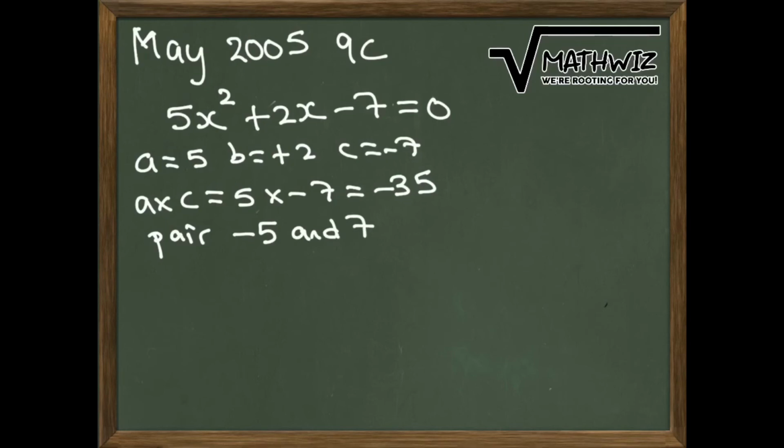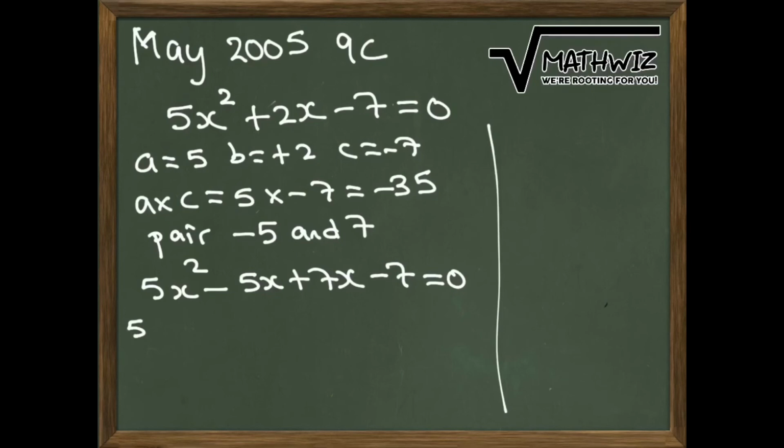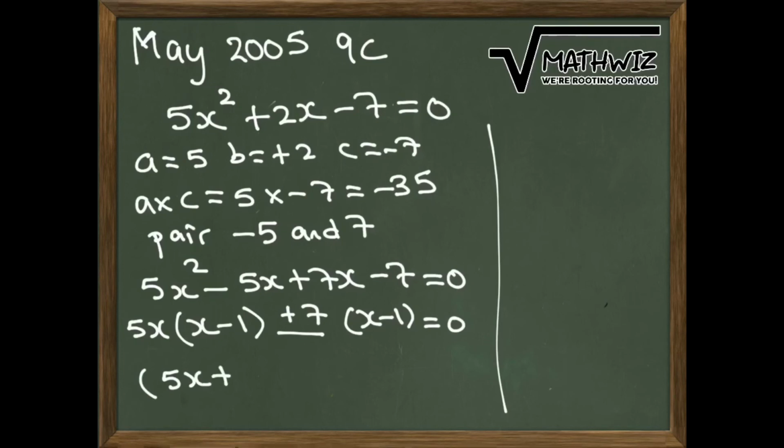So from there, we are going to have 5x squared minus 5x plus 7x minus 7 is equal to 0. So I factor. So I have 5x on the outside and then x minus 1. Whatever is in the first bracket goes in the second one. Then we figure out what goes in front, and that is going to be positive 7. So we have 5x plus 7, x minus 1 is equal to 0.